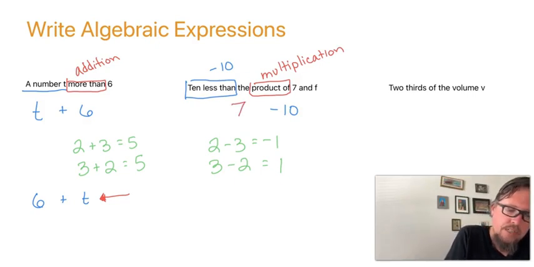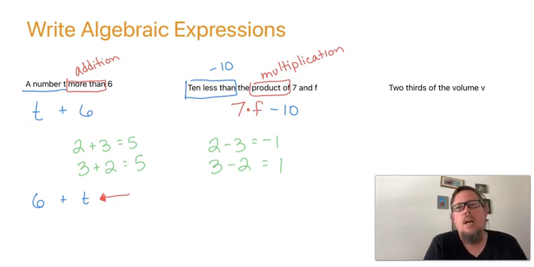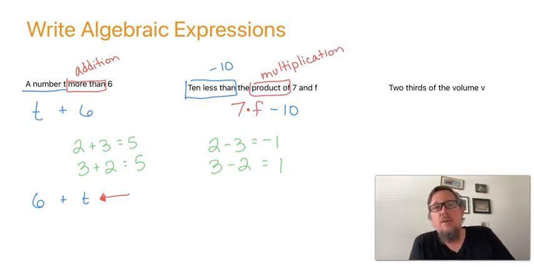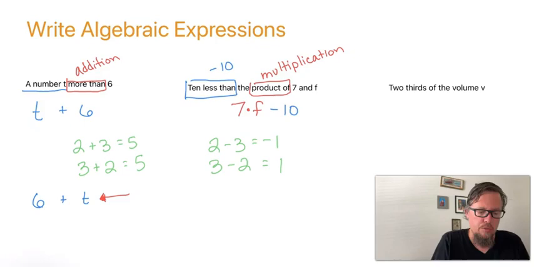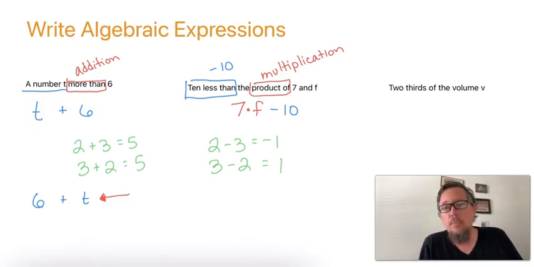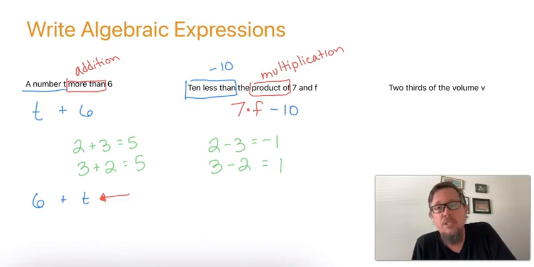So 7 times f. What we learned in the last video, though, is that if you are multiplying two things together, you don't have to use the multiplication symbol. You can use what's called implied multiplication. And implied multiplication means if there's no symbol, we assume that it's multiplication.